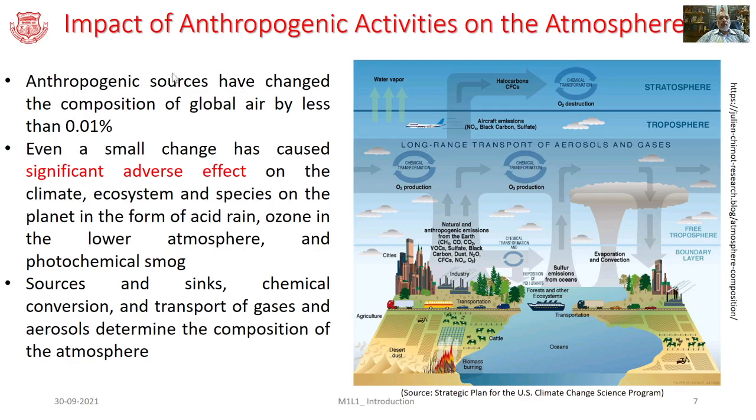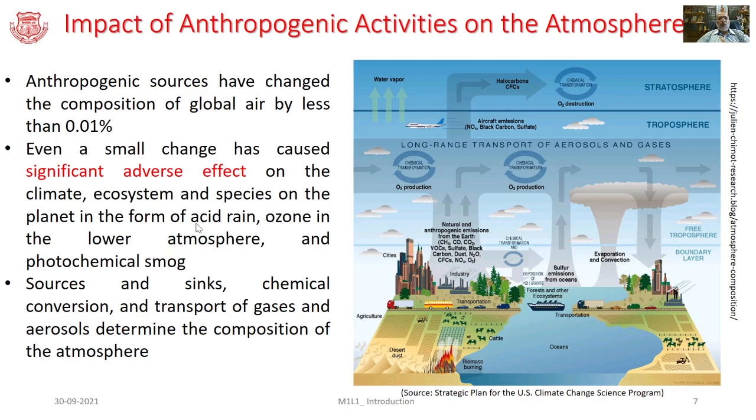However, even such a small change has caused significant adverse effects on the climate, ecosystems, as well as various species that are living on planet Earth. Also, many phenomena such as acid rain, ozone depletion, greenhouse effect, and photochemical smog are the immediate adverse effects as far as anthropogenic activities are concerned.